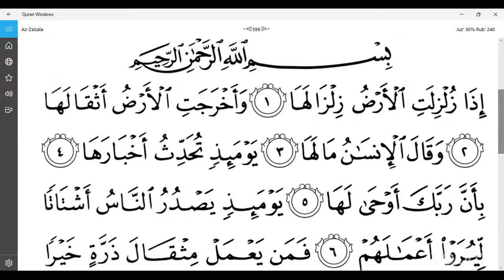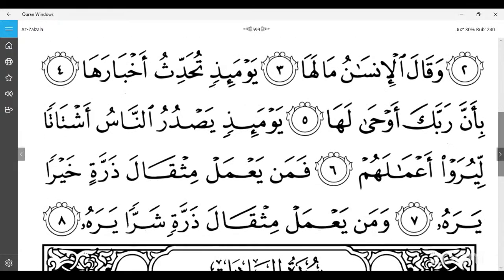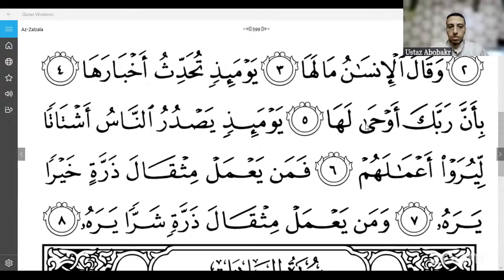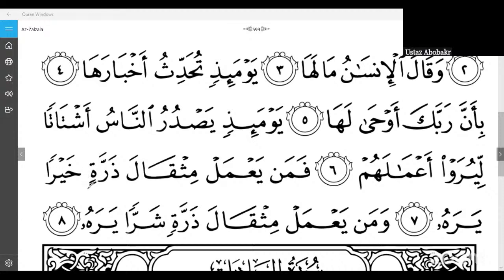بسم الله الرحمن الرحيم. إذا زلزلت الأرض زلزالها وأخرجت الأرض أثقالها وقال الإنسان ما لها يومئذ تحدث أخبارها بأن ربك أوحى لها يومئذ يجدر الناس أشتاتا ليروا أعمالهم فمن ليروا. يعمل أه؟ This one. ليروا ليروا أعمالهم. ليروا أعمالهم فمن يعمل مثقال ذرة خيرا يره We have ومن no ghunna here.